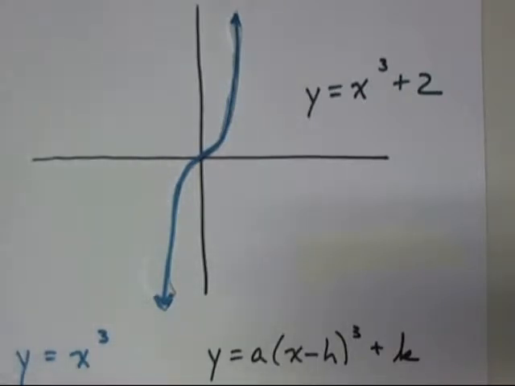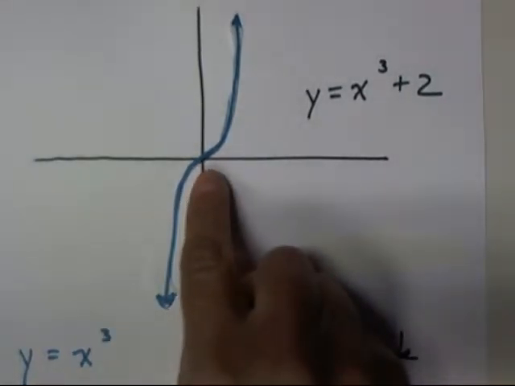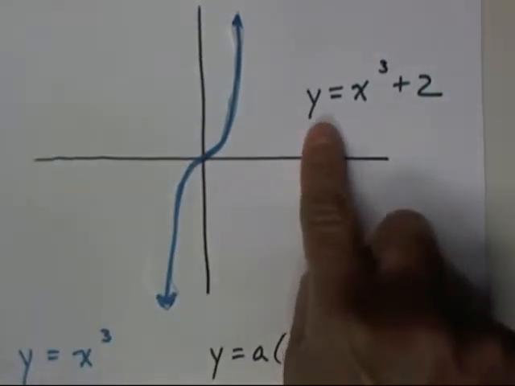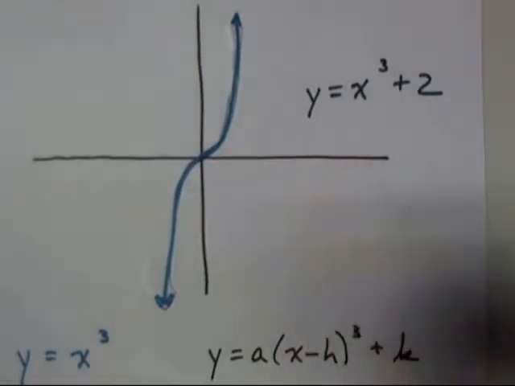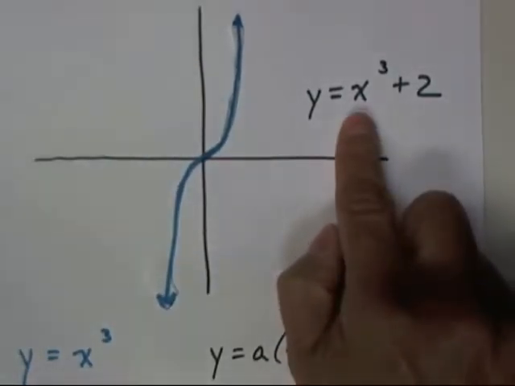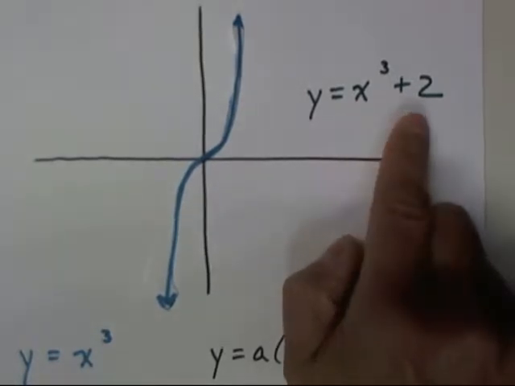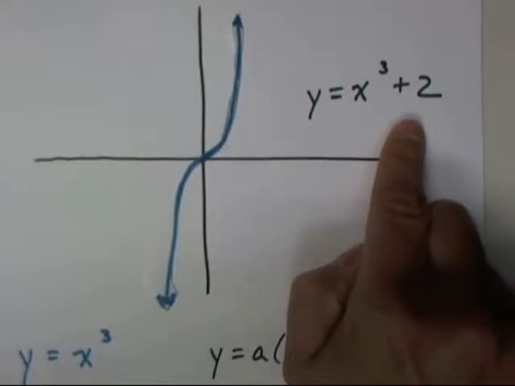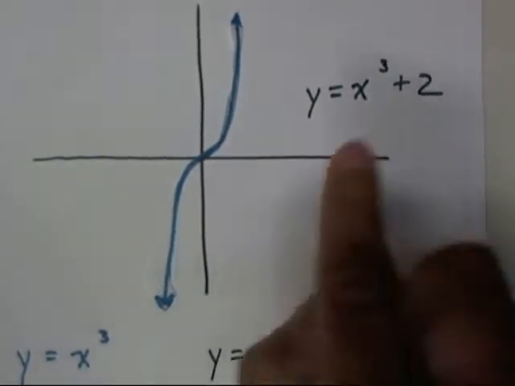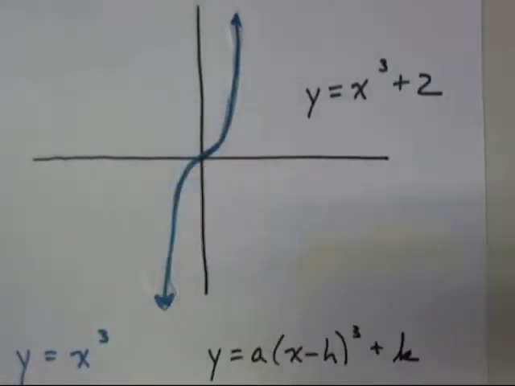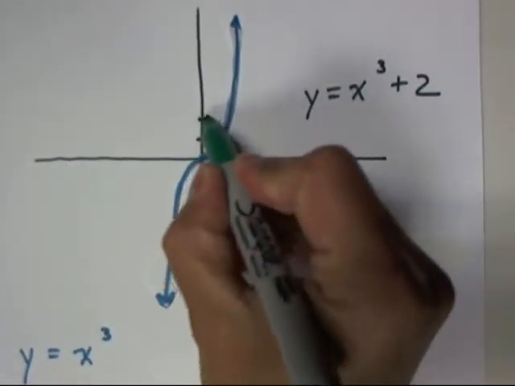What happens here is, you notice that the point where it changes directions is at 0, 0. If I put 0, 0 in here, it would no longer work. Putting 0 in for the x and cubing it is still 0, but then my y value becomes 0 plus 2, which is 2. So instead of this point going through 0, 0, it goes through the point 0, 2.